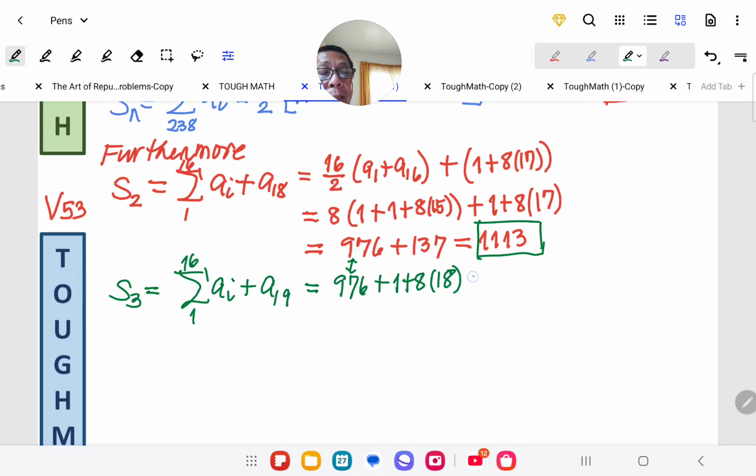And this gives us 976 plus 145, which is equal to 1121.